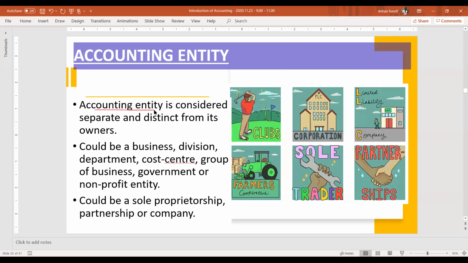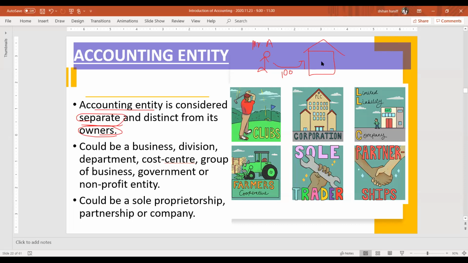Accounting entity means it is something considered separate to its owners. Separate to the owners. For example, now, a fancy shop. Now let's say Mr. A is starting a fancy shop by investing 100,000.